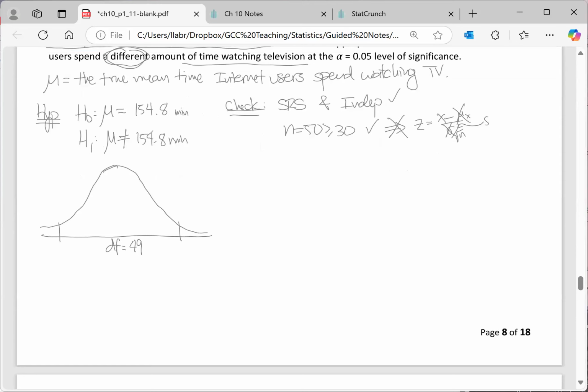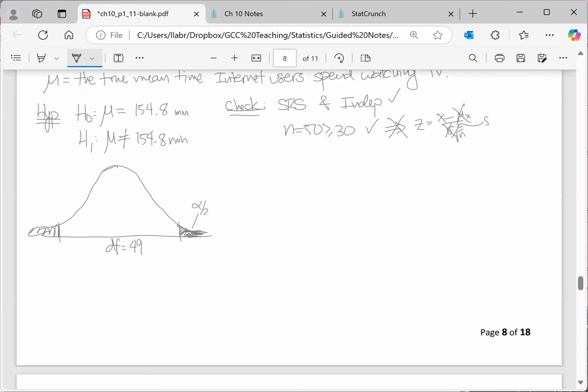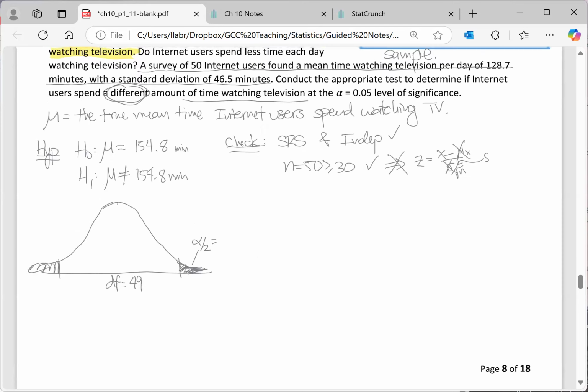I see a not equal to, so that's a two-tailed test. Shade in both tails. And let's go ahead and remember that this is alpha over 2. So let's see, what is alpha? Alpha in this case is 0.05.